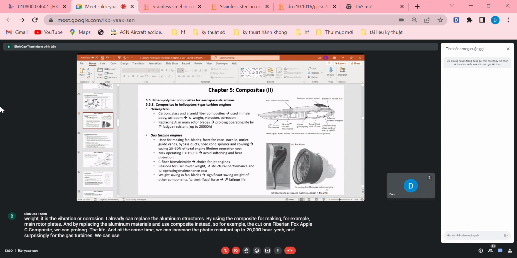For gas turbine engines, we can use composite for making fan blades, front fan case, and so on. With this, we can save 20 up to 30% of the total engine lifetime operational cost.